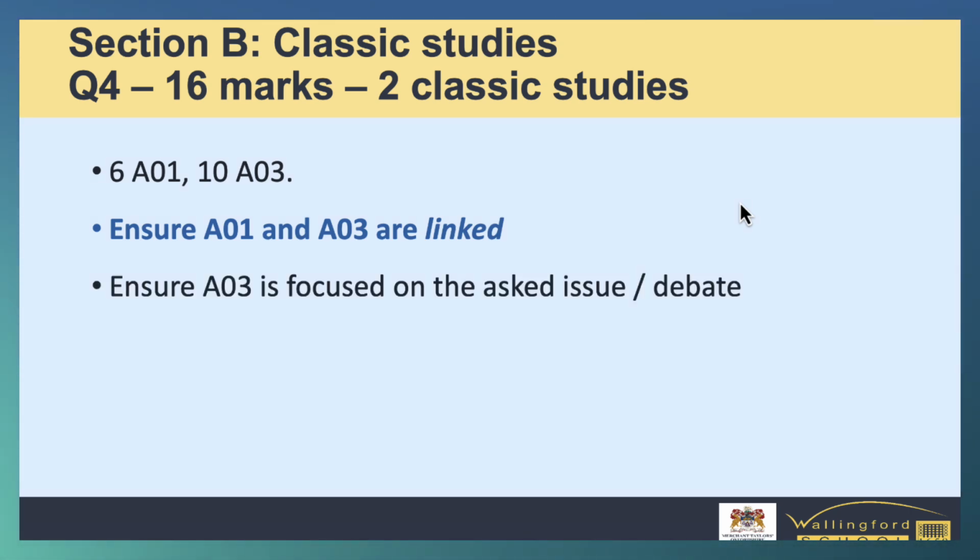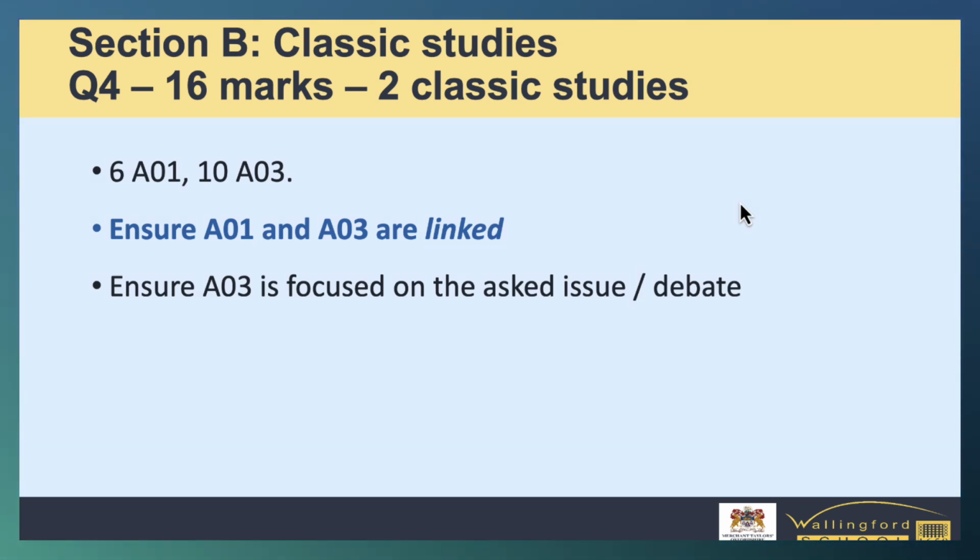The AO3 is going to be focused on a particular issue or debate. Again, I will take you through an example of this so that you are ready to tackle this in the Year 12 mock. I will only ask you to focus on one particular issue and debate this time.